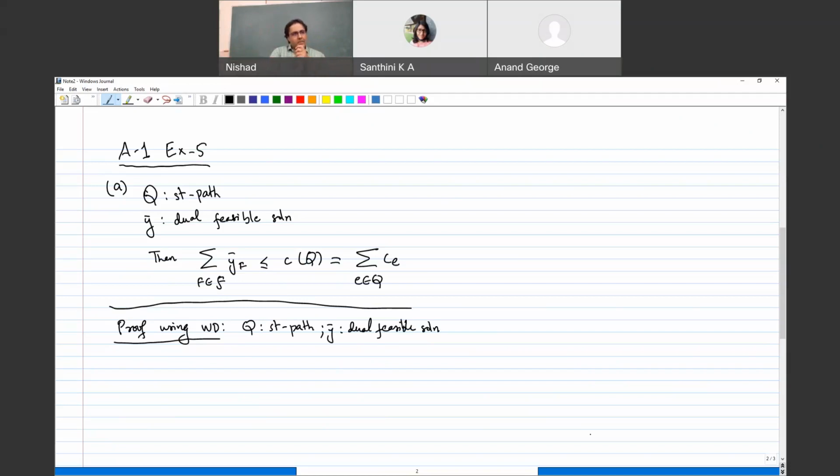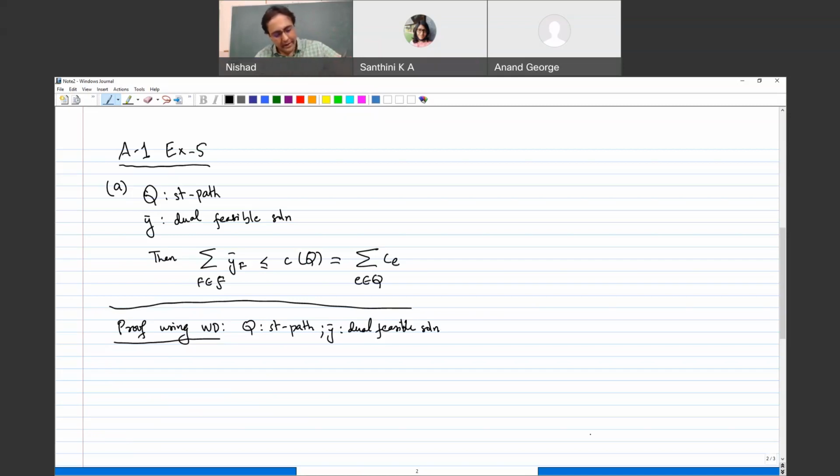C transpose X, so what is X? Someone can tell me what X is. 0, 1. It's binary. Okay, so how do I get it from Q? If it is in Q, it is 1, otherwise it is 0. Right, exactly. So we are going to construct a primal feasible solution based on the path given to us, and then on that primal feasible solution we are going to apply weak duality, right?